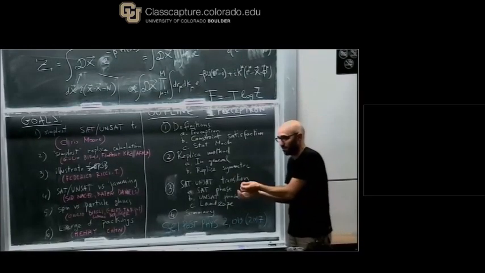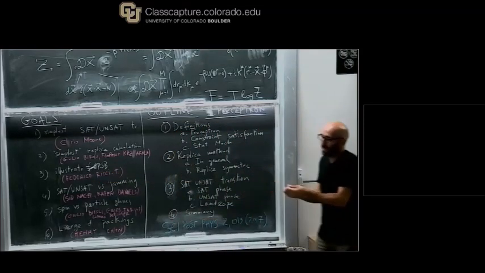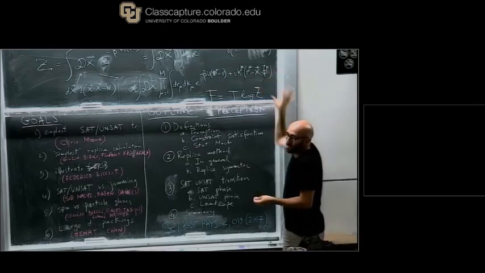What matters is that the large variables are functions of the degrees of freedom of the problem, X, and the little ones are auxiliary integration variables that I introduced just to do the calculation.